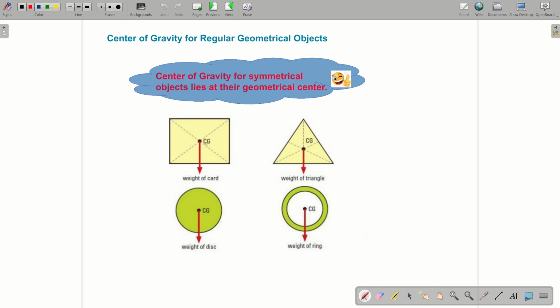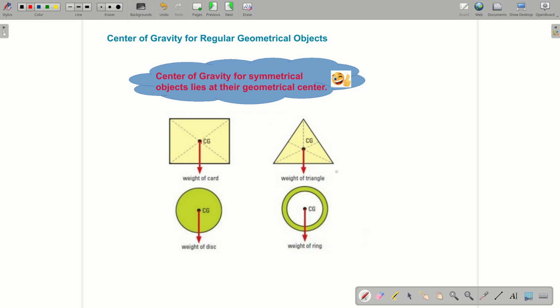But for most geometrical objects, the center of gravity is in their symmetrical center, the regular geometrical center. Here is a square, a rectangle would be the same, a triangle, a disk, an empty disk, and so on. For an irregular object, we can hang it from different points and draw lines passing from there.